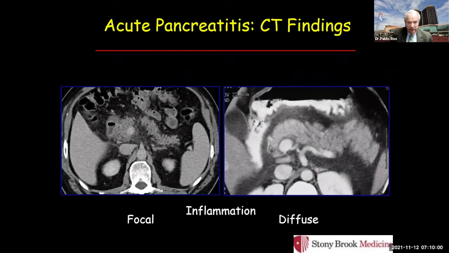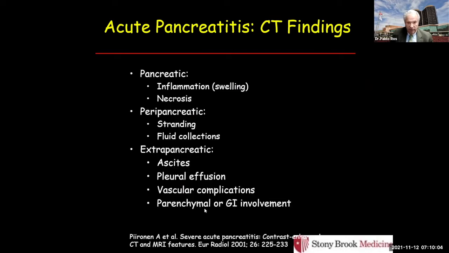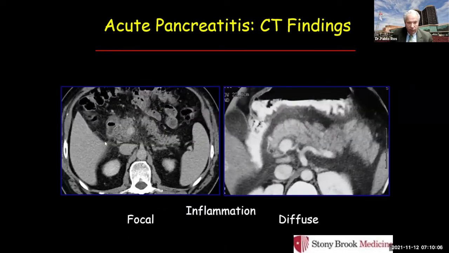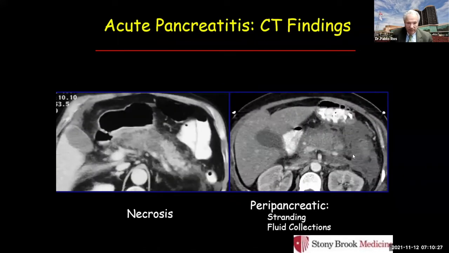Classic examples: you have inflammation, as we mentioned, inflammation or swelling that can be focal. In here, it's just pancreatic head pancreatitis. The tail of the pancreas and the body are not so bad, and the tail certainly has no peripancreatic fat strandiness. It can be diffuse. The whole pancreas is involved with swelling, and also diffuse peripancreatic strandiness.